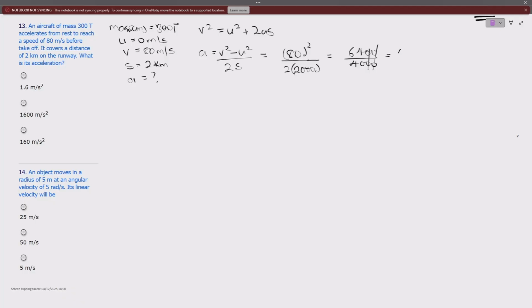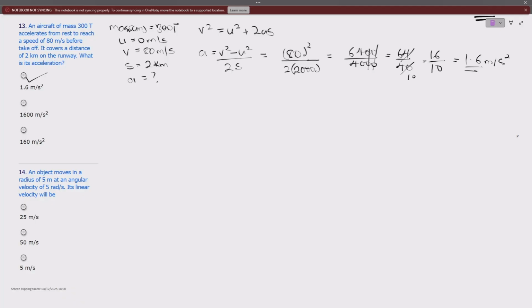That is going to give you 64 divided by 40. 4 goes here 16, here 10. So the answer is going to give you 1.6 meters per second squared. Well, that is the answer.